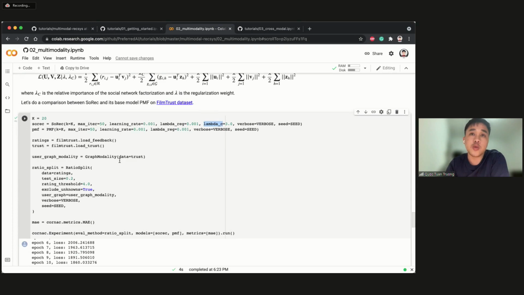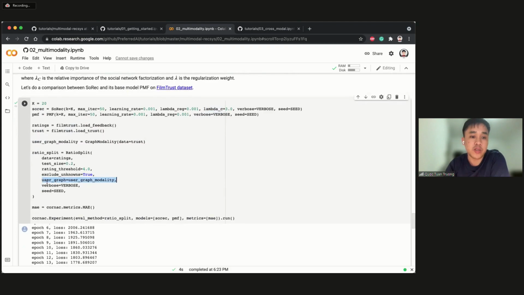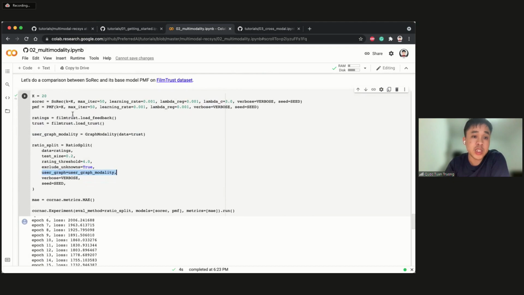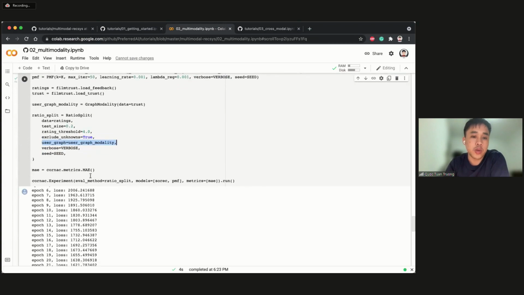For the graph modality, you provide the trust data in the form of triplets: a pair of user IDs and the trust value. Then we provide it into the ratio split, specify the user graph modality, and then the SoRec model can have access to this user graph. And then we run the same experiment.